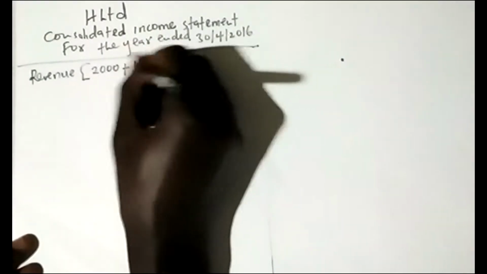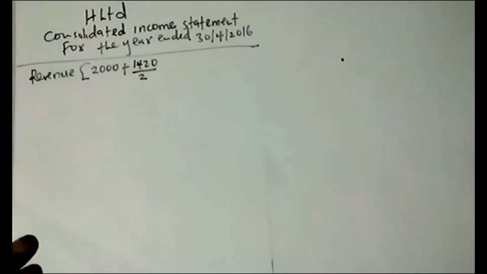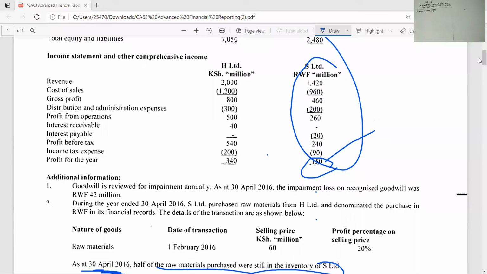But obviously, we convert the income statement items using the average rate. The average rate for this question was 2, so we convert it direct by dividing by 2.